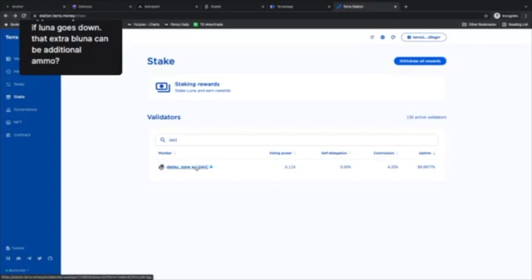You also get access to claiming airdrops. Normally, to claim airdrops, right now I believe Anchor tokens and a few others are available, you would go to the individual websites or dApps of those particular tokens. For example, Anchor, you would claim them on the Anchor protocol itself, and you have to go one by one to each of those dApps and claim your airdrops. So that's what staked Luna gets you.